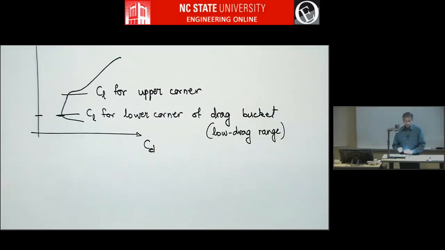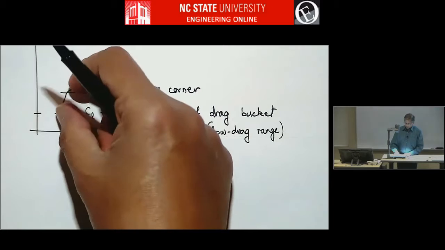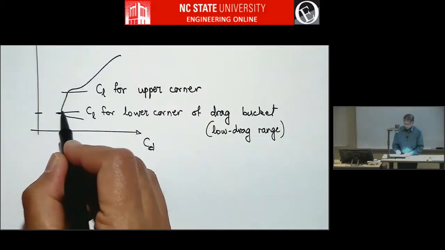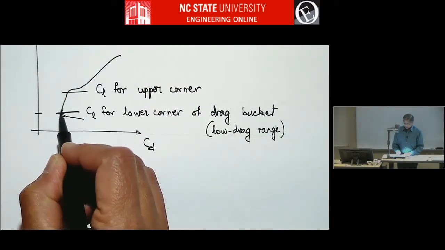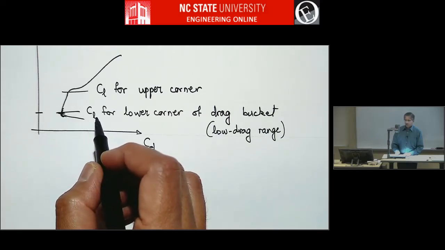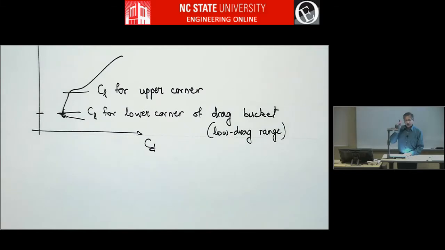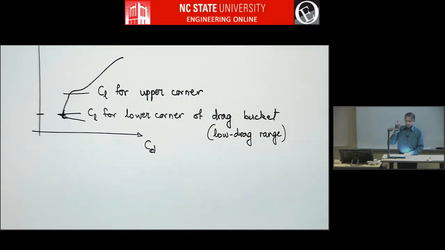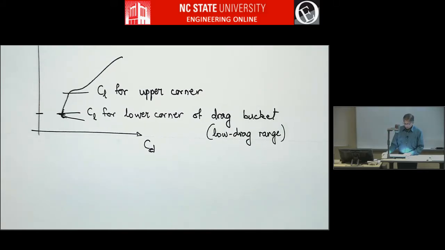And so if you want your airplane to go at a maximum speed of say 175 miles per hour, you want to put this so that the airfoil lower corner CL corresponds to at least 175 miles per hour. In fact, to be safe, you put it a little bit even lower to counteract some unknowns.